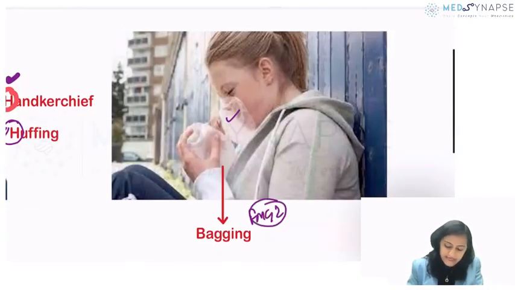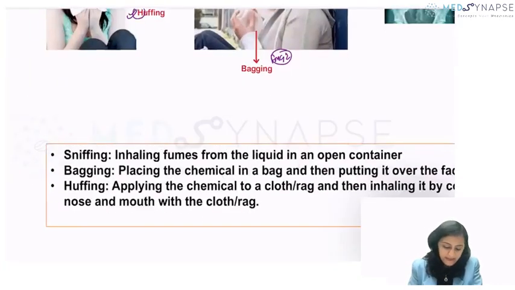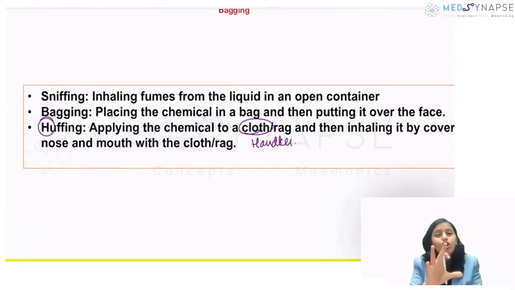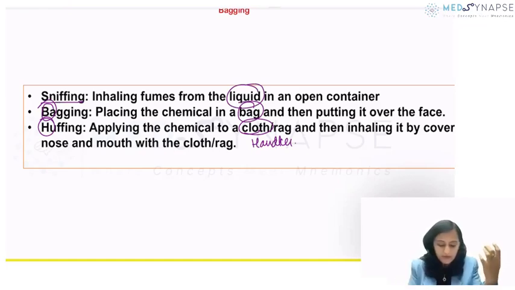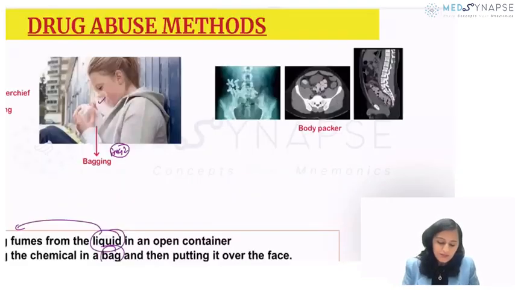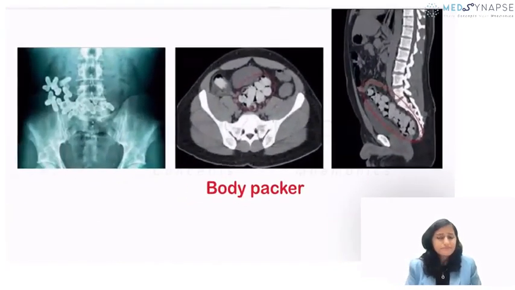Previously an FMG exam question, they are using a bag. So what is huffing? Using a cloth, that is basically a handkerchief. Remember cloth or rag. Bagging is using a bag. And what is sniffing? Sniffing is basically you have a liquid and from there you are inhaling the fumes. Sniffing is liquid. This was also the image asked in the exam, right?